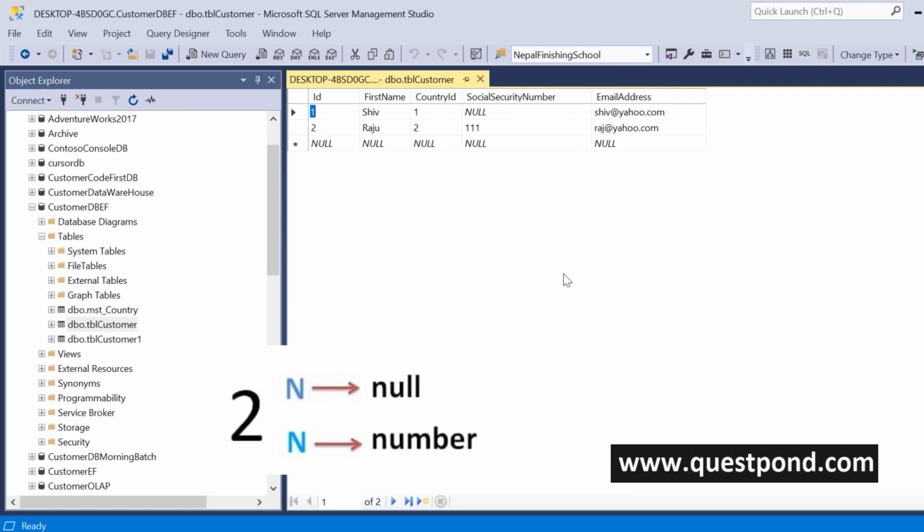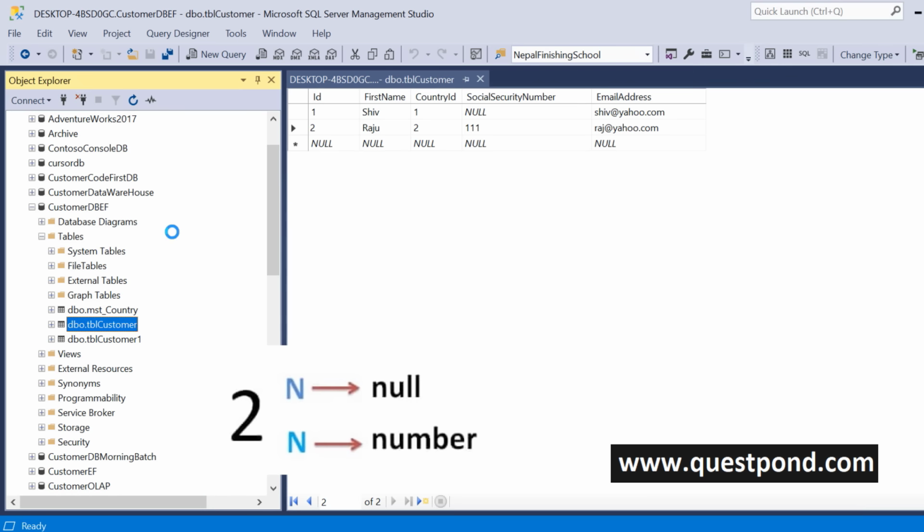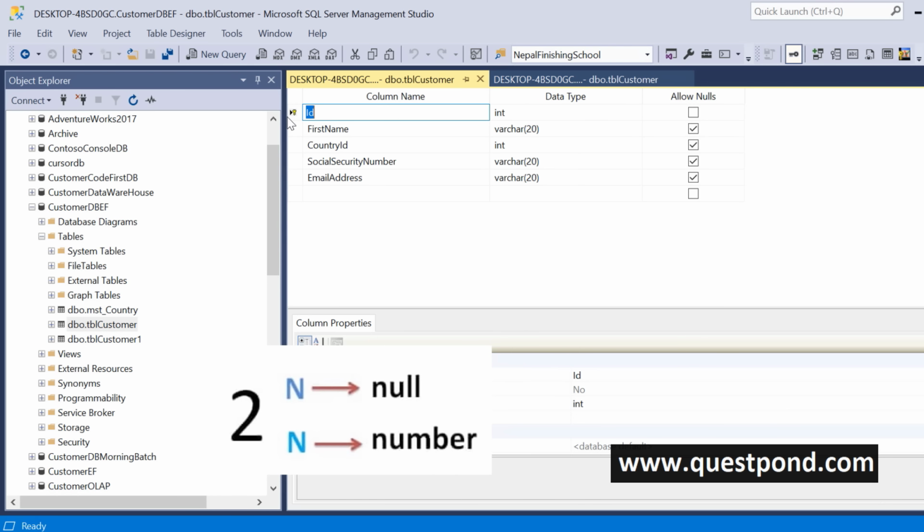The second N is the number. You can have one or many unique keys. For example, here you can see social security number is a unique key, email address is a unique key, but in a table you can have only one primary key. So for example, here I have just one primary key. I cannot create multiple primary keys here.